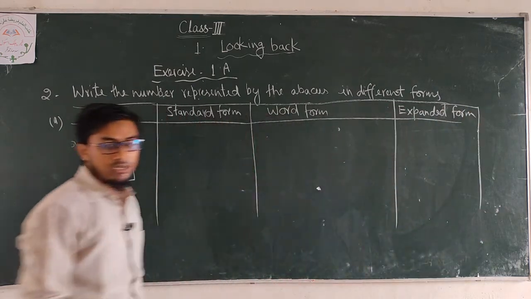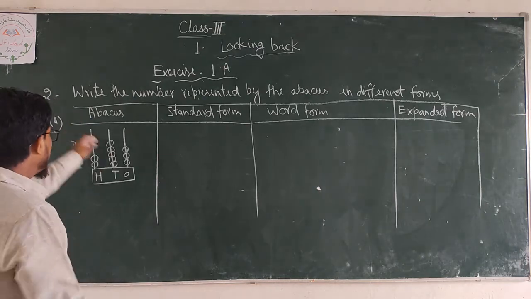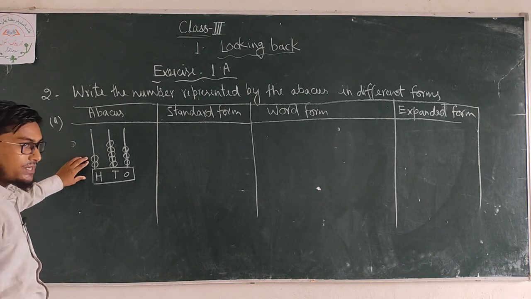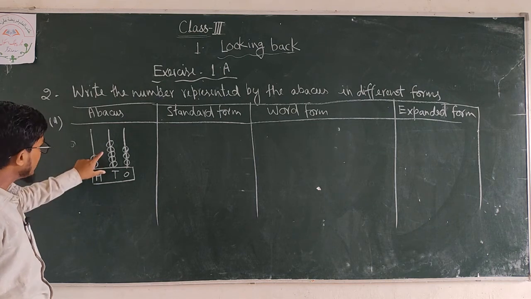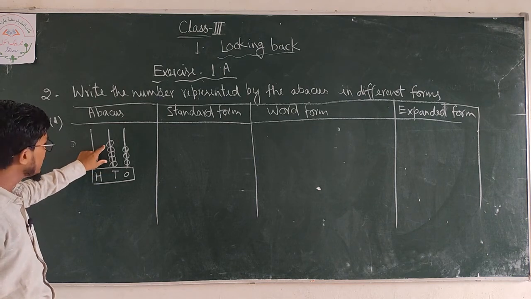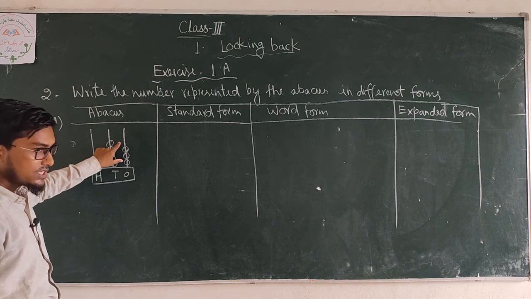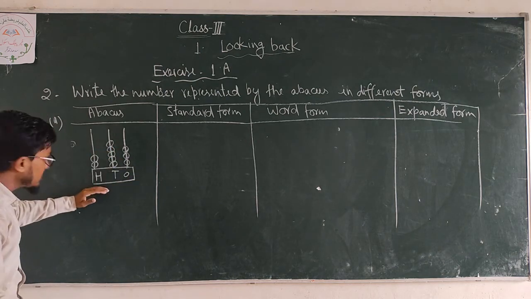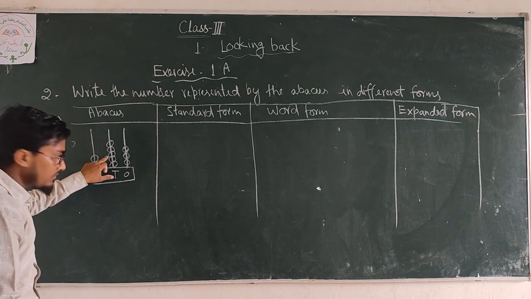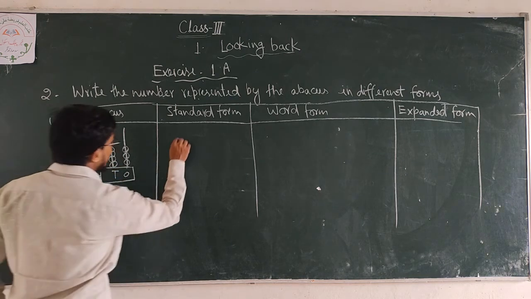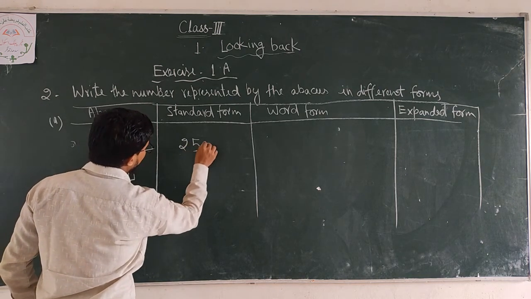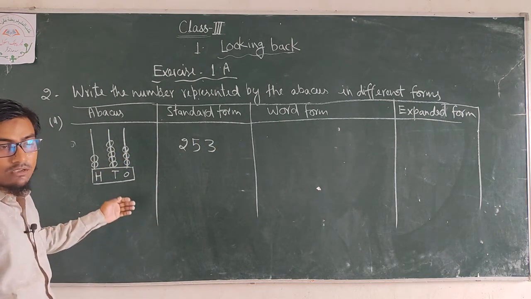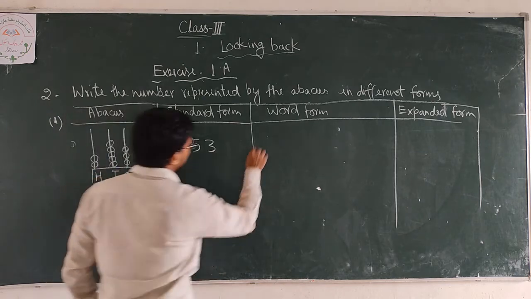On the hundreds position, 2 beads; tens, 5 beads; ones, 3 beads. The standard form is 253.